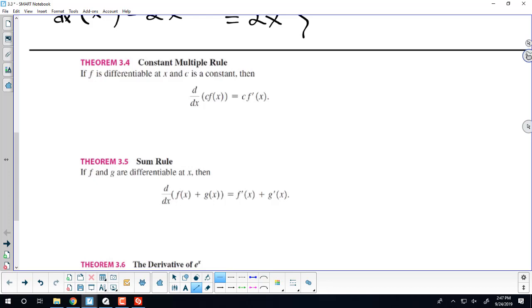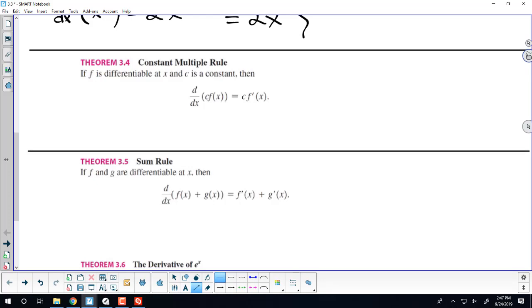Okay. Next theorem, constant multiple rule. It says what happens if we have some constant times a function of x. And notice this is different than just taking the derivative of a constant. It says the constant can be pulled out and we can compute the derivative and then multiply in the constant. So for example, what is the derivative with respect to x of 2x to the fifth?